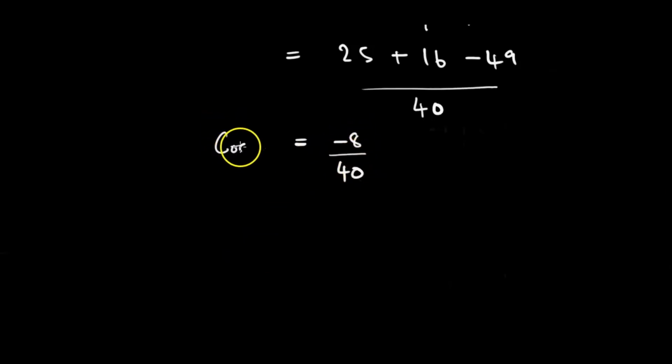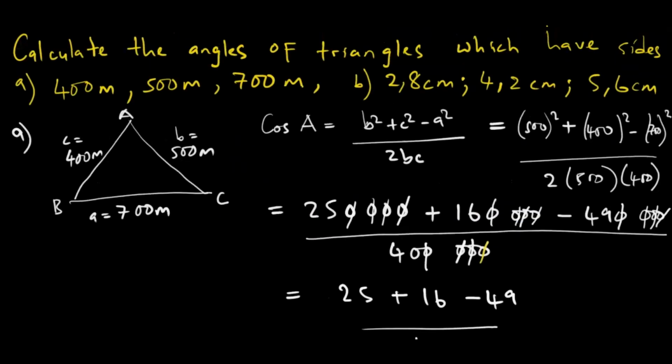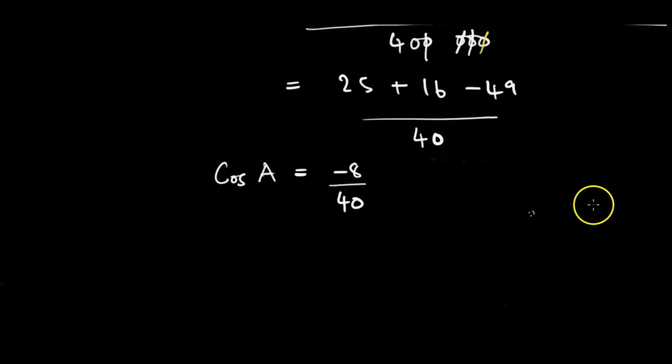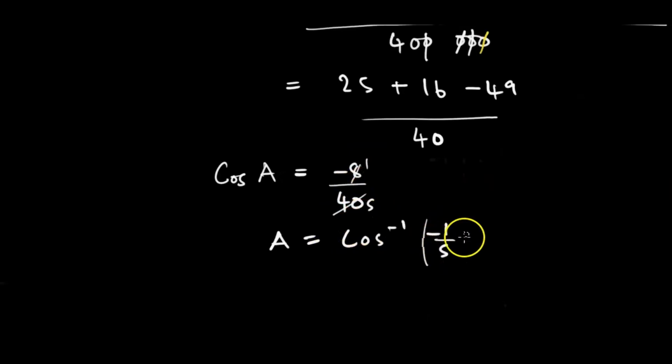So here we are looking for A, so it's the cos of A, which means A is equal to the arc cos of minus 8 over 40, 8 into 8 is 1, 8 into 40 is 5, so it's the arc cos of minus 1 over 5. So we get an answer of 101.5, let us put it to 2 decimal places.